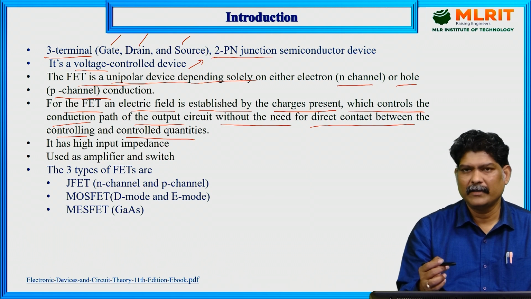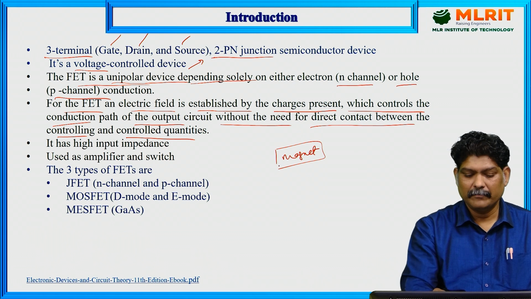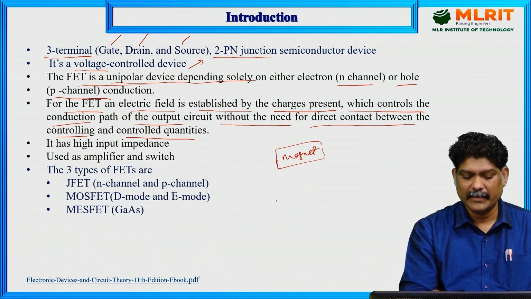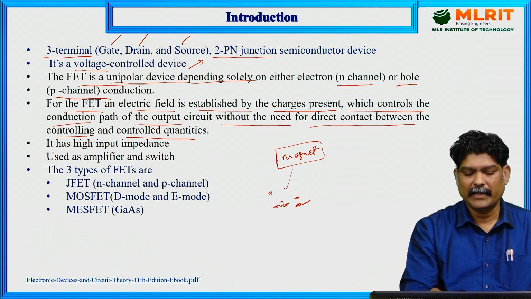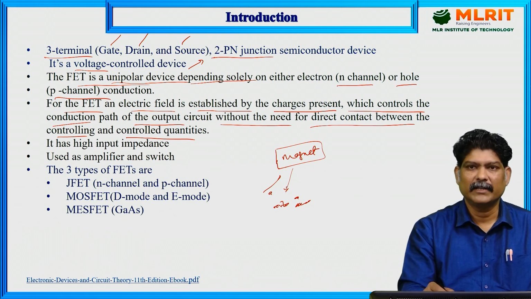For example, consider a magnet. A magnet can attract small iron particles from a nearby path, correct? In such a way, this is like a FET.